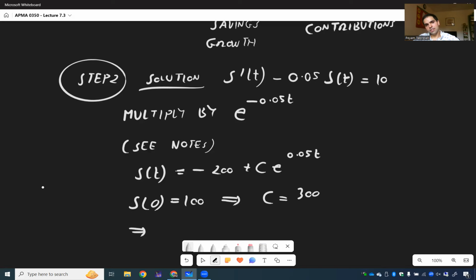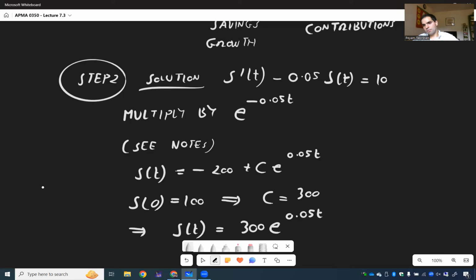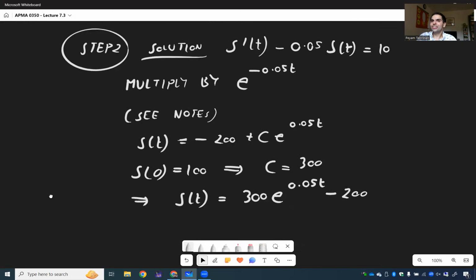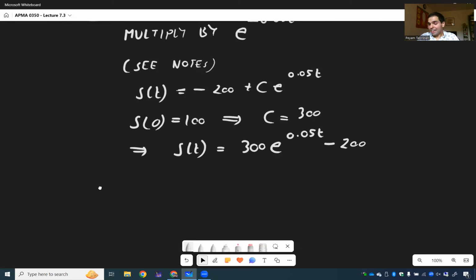So s of t is 300 e to the 0.05t minus 200. Like 300 as in, this is Sparta. This is differential equations. Okay, but again, that is not the answer to our question.